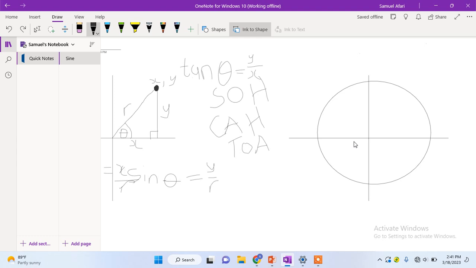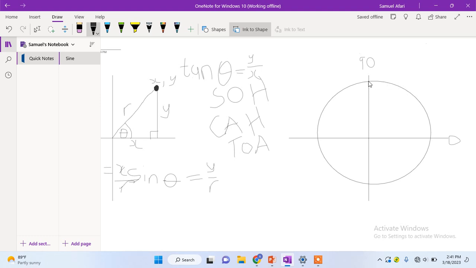So if we are moving counterclockwise, then this angle is going to be 0. From this place to that place is 90. So there's the angle 90 degrees. Moving this way, we have 0, let's say 20, 45, 60, 70, that's 90.